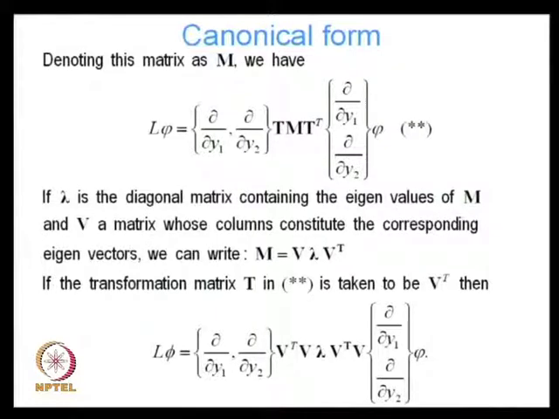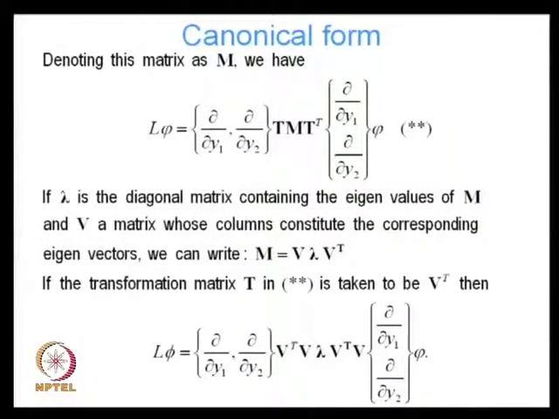If I replace T by V transpose, I get V transpose V lambda V transpose V, right? And since these eigenvectors form an orthonormal basis, the matrix V is an orthogonal matrix, so V transpose V got to be equal to the identity matrix, right?